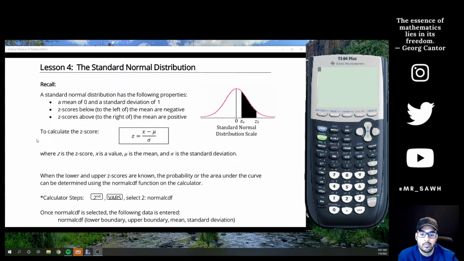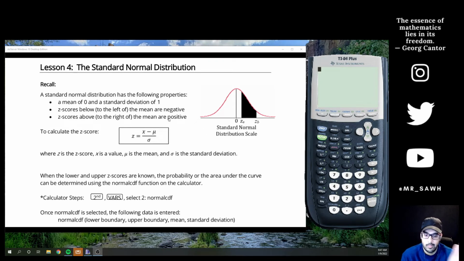So if you remember from the last few videos, a standard normal distribution has the following properties: an average of 0 and a standard deviation of 1. Any z-scores to the left of the average were below, in other words negative, and any z-scores to the right of the average were positive, right?